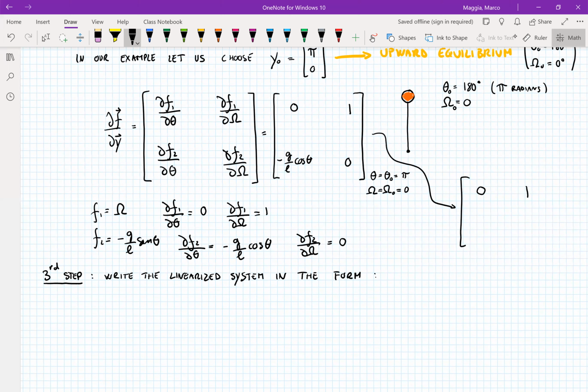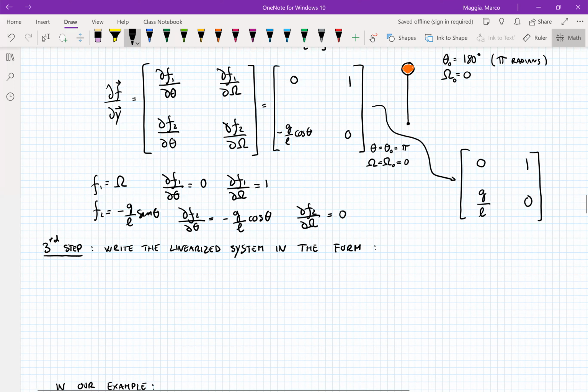Now, what is cosine of pi? That is minus 1. So minus g over L times minus 1 is plus g over L. And then the last entry is 0. So this is the Jacobian matrix for this specific reference point.